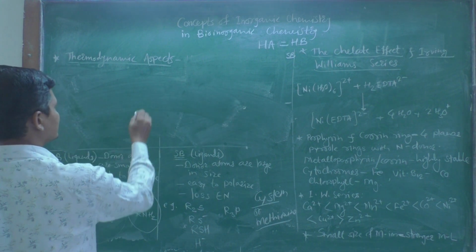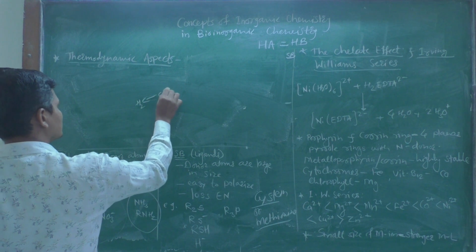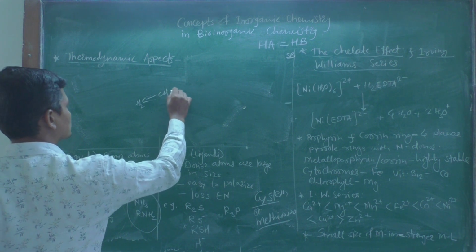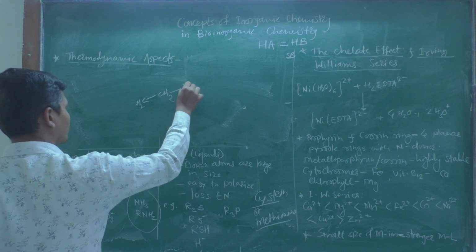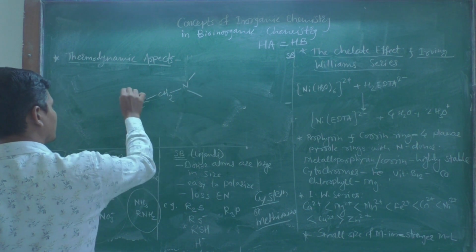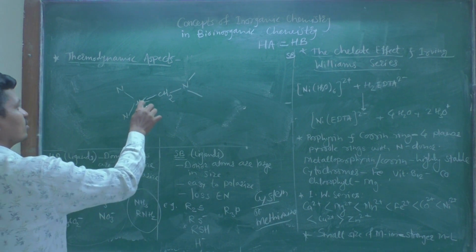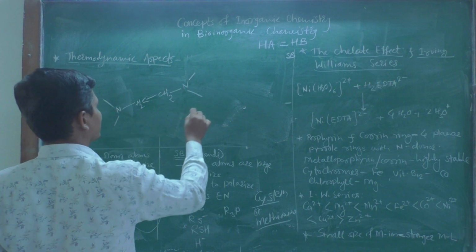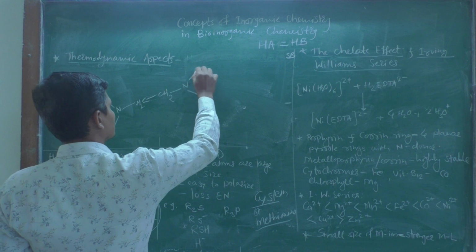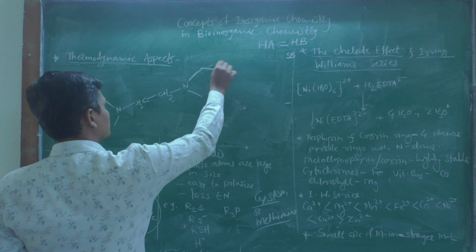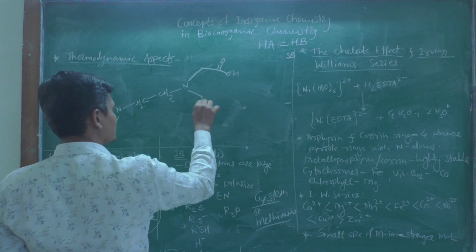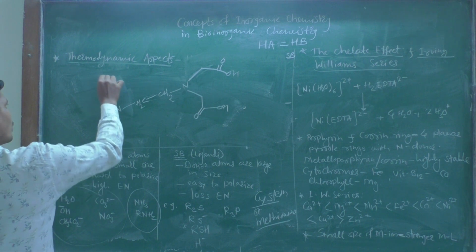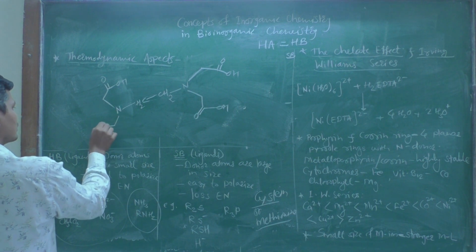So what is EDTA? It is ethylene diamine, with CH2 CH2, and it has tetraacetic acid groups: CH2COOH, CH2COOH, CH2COOH, and CH2COOH.